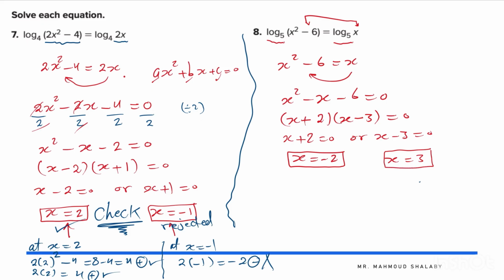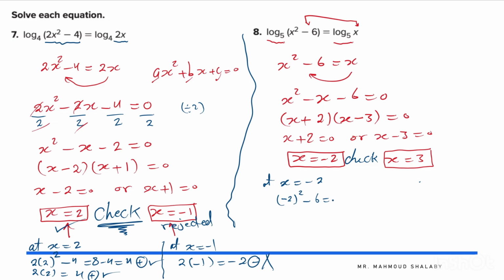Right? Now, don't forget, shabab, the last important step is to check both solutions. So what I will write here, at x equals negative 2, and I will check. I will replace x with negative 2 here, so I will write negative 2, it's x squared, so negative 2 squared, minus 6. Don't forget to put the brackets when you're using the calculator.